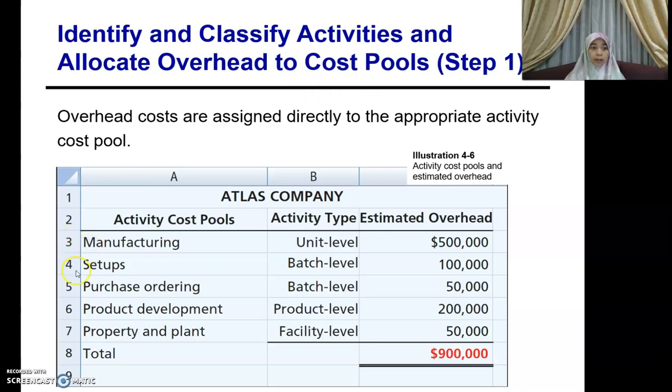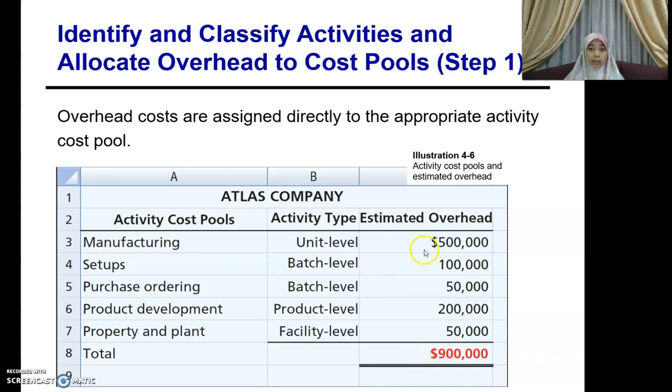Now you can see there are altogether 5 activity cost pools. The company has identified 5 activities: the first is manufacturing, the second is setup, the third is purchase ordering, the fourth is product development, and the fifth is property and plant. These are all the activity cost pools. You have the total overhead of 900,000, but now it has been assigned to each of these activities, and the total remains the same.